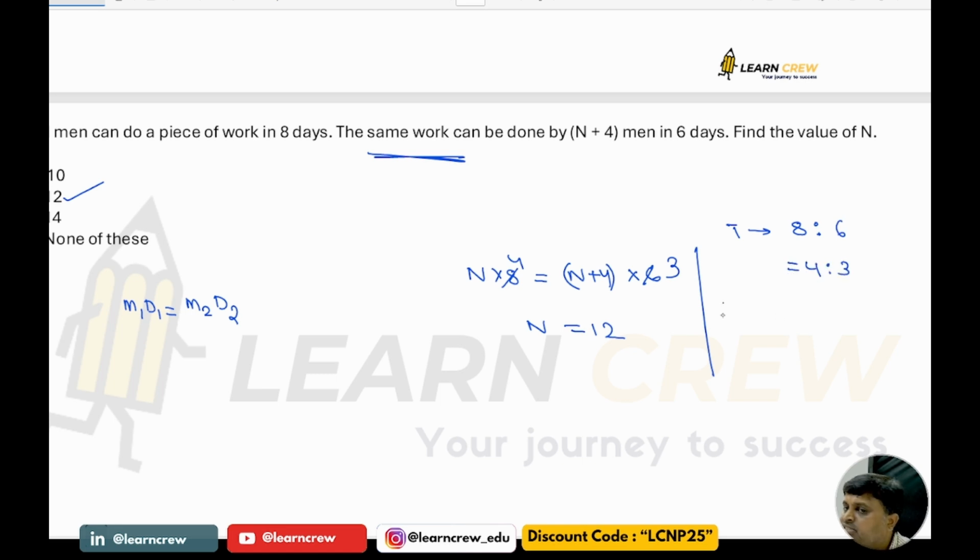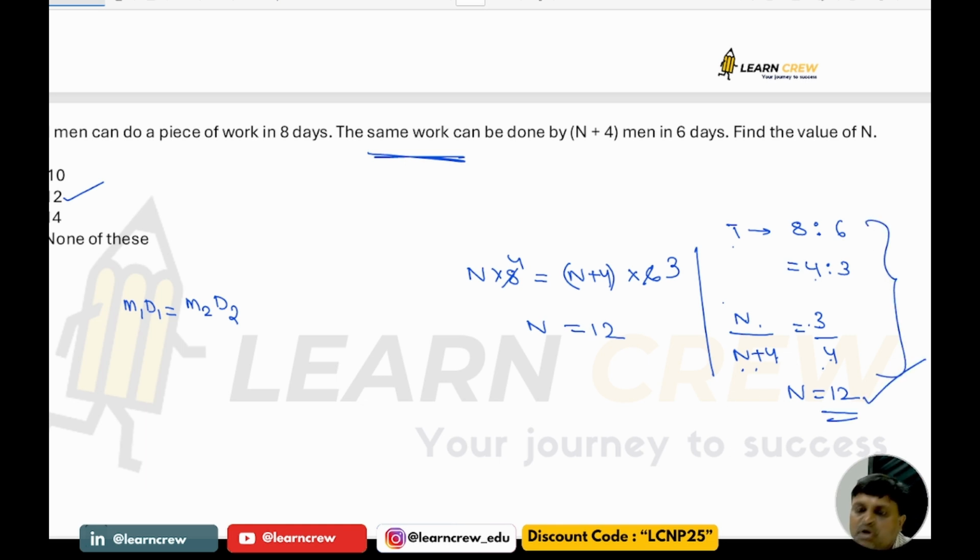Thereby efficiency ratio, N efficiency and N plus 4 efficiency, would be 3:4. When times ratio is 4:3, efficiency ratio would be 3:4. So 4n is equal to 3n plus 12, thereby n is equal to 12. N is equal to 12 is the answer.